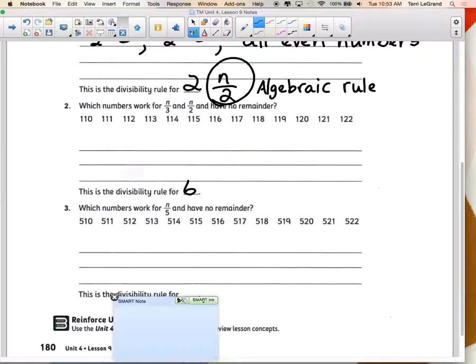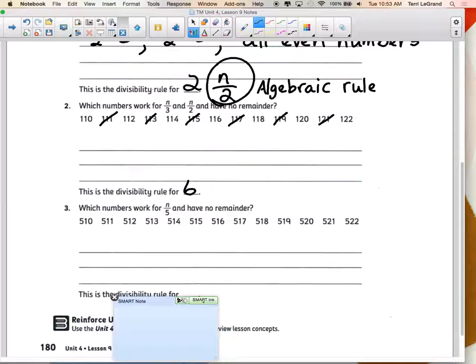Okay, but first of all, we're going to just go through this list and we're going to say n divided by 2. Remember, we just said that has to be even numbers. Is 111 even? No. How about 113? No. Oh, we already decided we can cross out 115, right? How about 117? No. How about 119? How about 121?